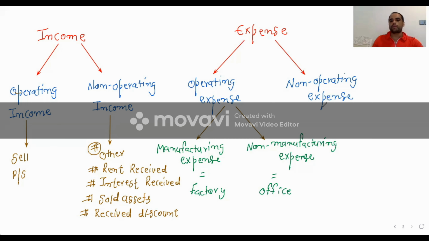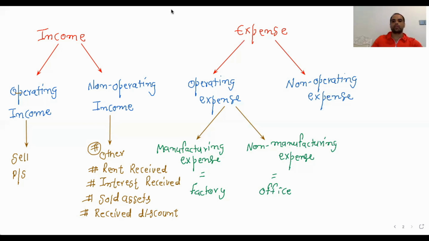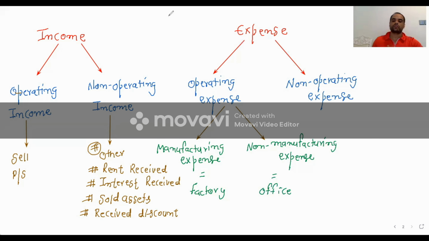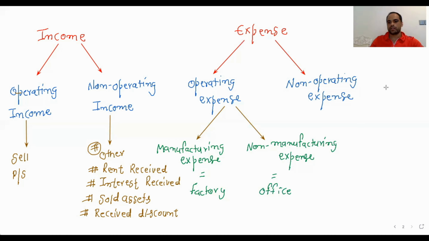Now, non-operating expense. Non-operating expense is any kind of expense that has no direct or indirect effect on the product, right? So, what is inside this non-operating expense?